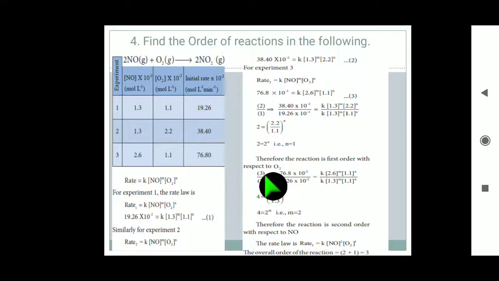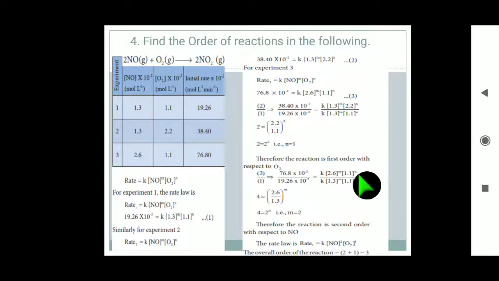So what we have to do? The third equation divided by the first equation. Write it: 76.8 into 10 to the power minus 2 equals k into 2.6 power m, 1.1 power n, divided by 19.26 into 10 to the power minus 2, k into 1.3 power m, 1.1 power n.